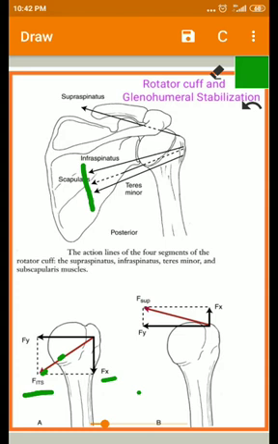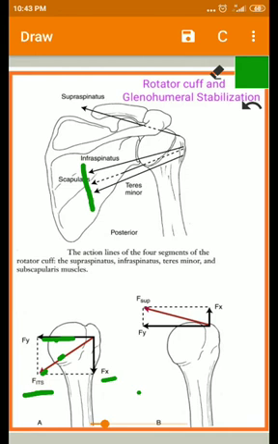So this force is perpendicular to the long axis of the bone. That means this force is acting towards the glenoid fossa.